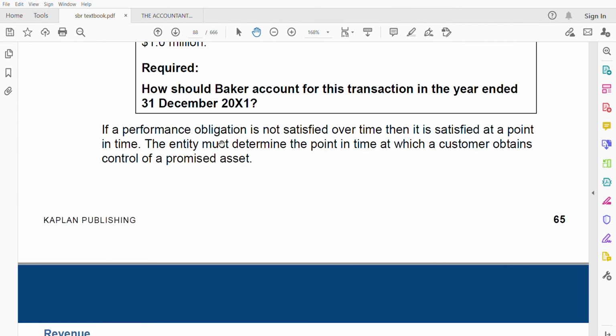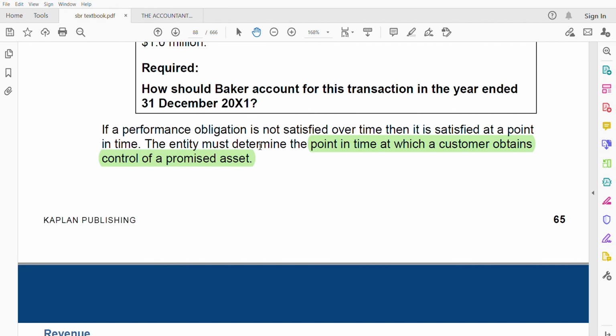If a performance obligation is not satisfied over time, then it is satisfied at a point in time. The entity must determine the point in time at which a customer obtains control of a promised asset. They decide the time. One date will be given. They will say that at this date, the customer controls the asset. So on that day, you recognize the revenue.